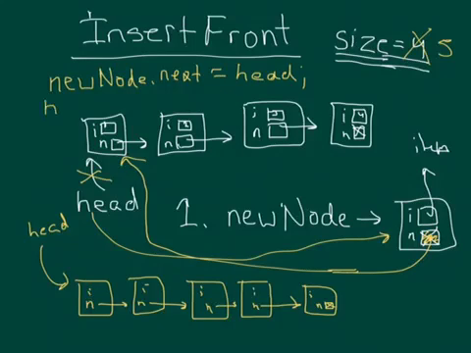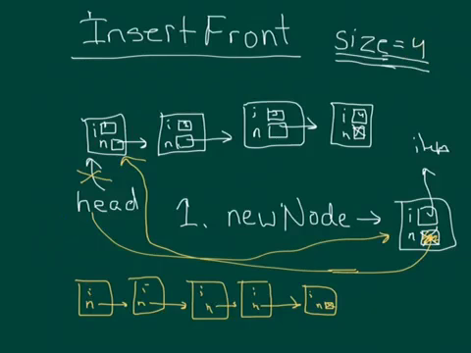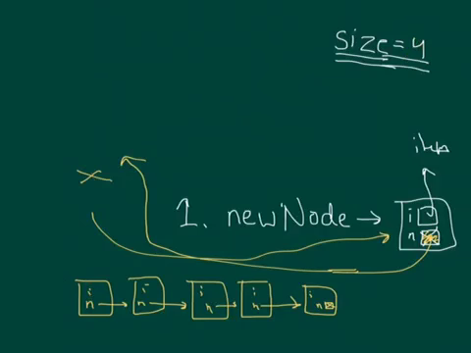Then we just say head is equal to newNode. And that's it. That's insert front. All we're doing is we're creating a new node, and then we're just rearranging pointers. So now we want to start talking about the other types of inserts.